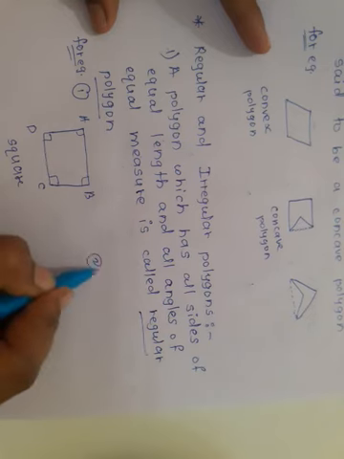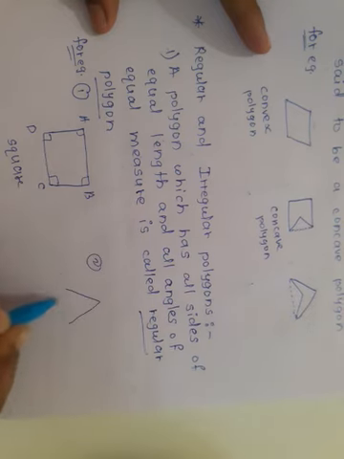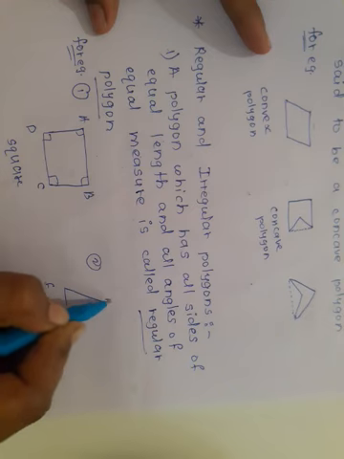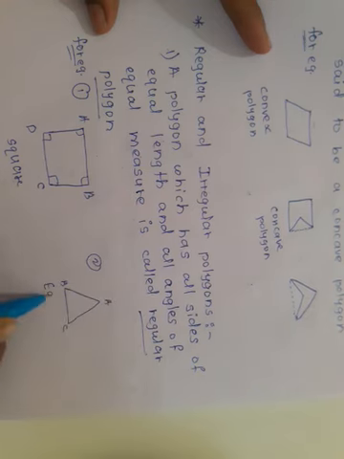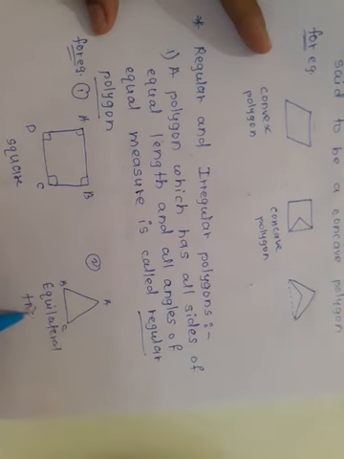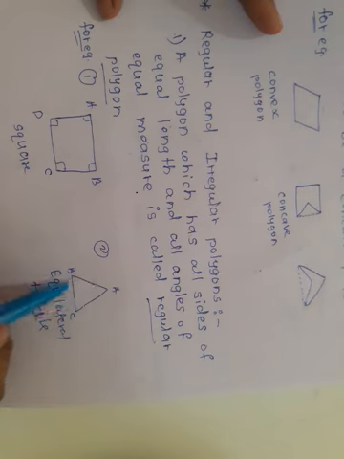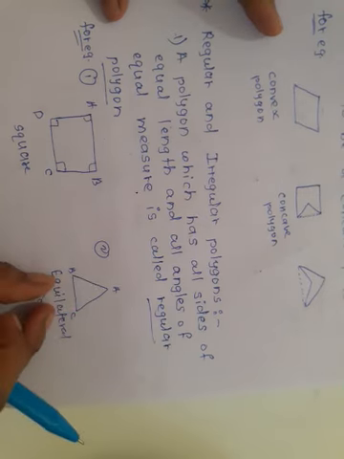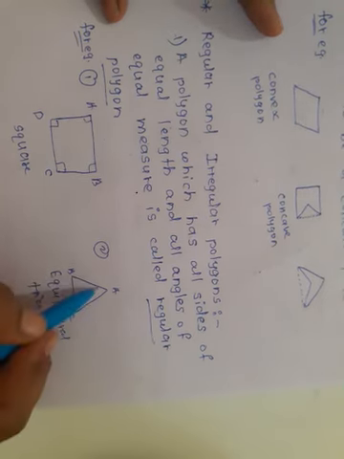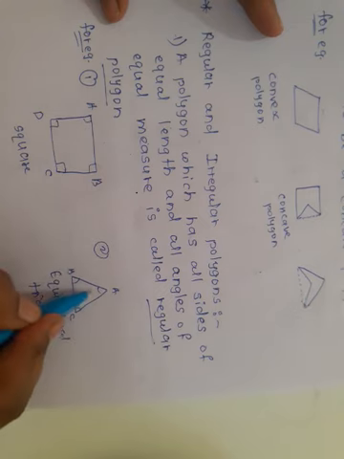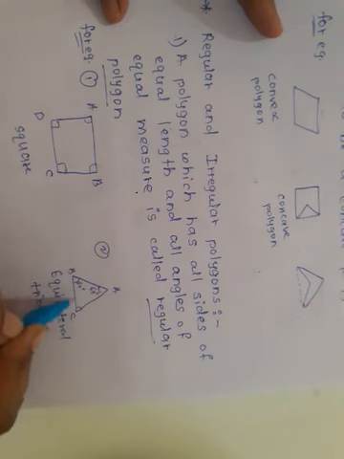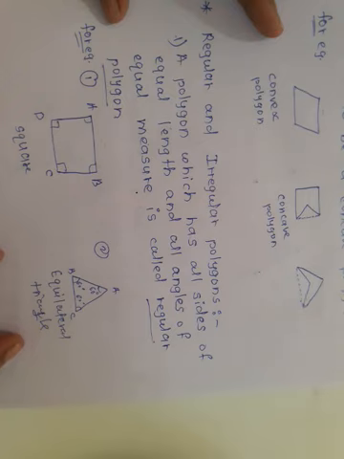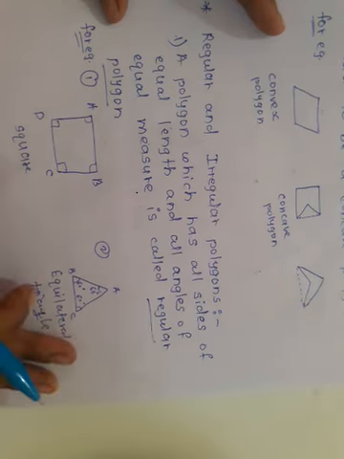The next example is the equilateral triangle ABC. In an equilateral triangle all the sides of this triangle are equal, and all the angles are again of equal measure, meaning all the angles are of 60 degrees, and therefore the equilateral triangle is the most general example of a regular polygon.